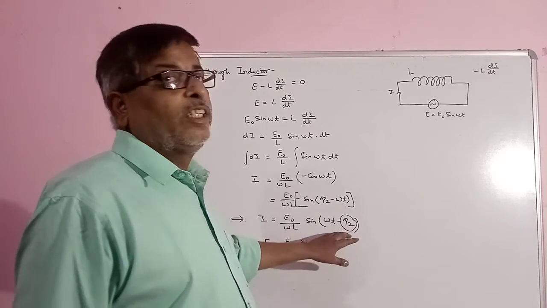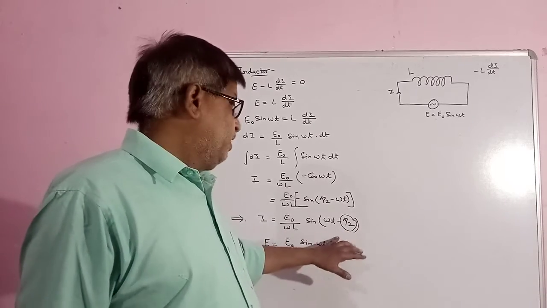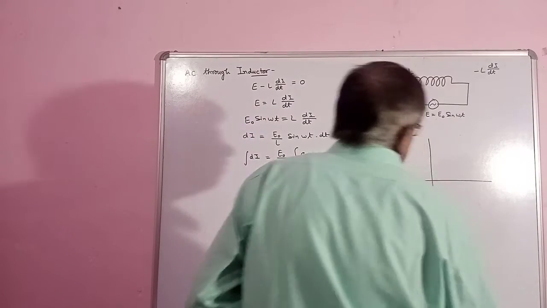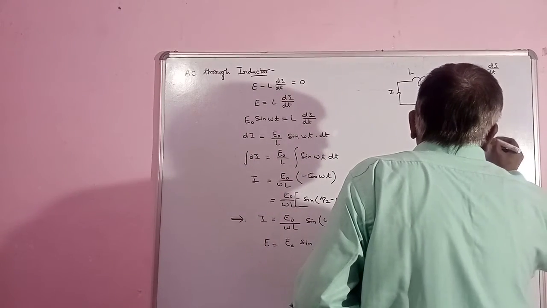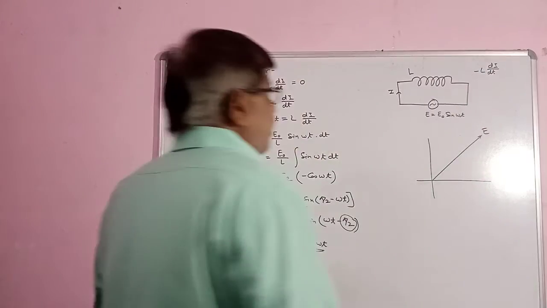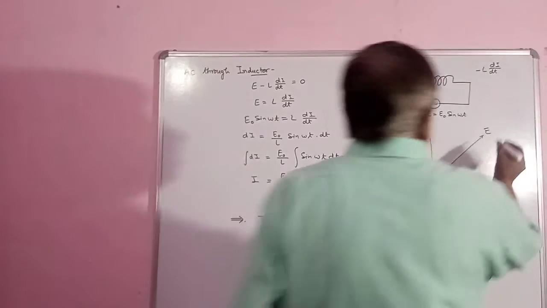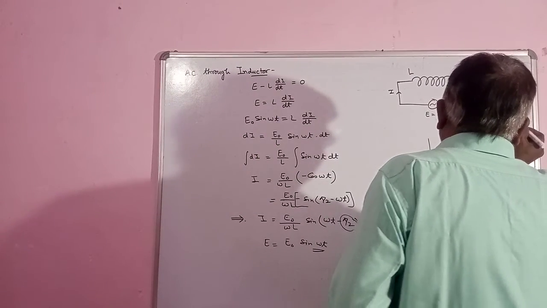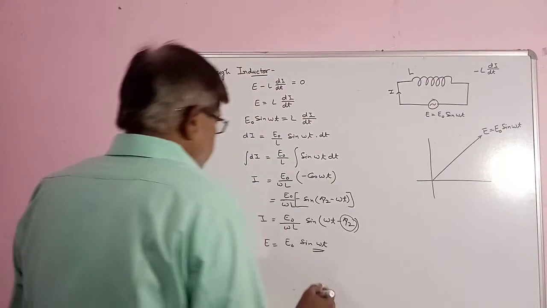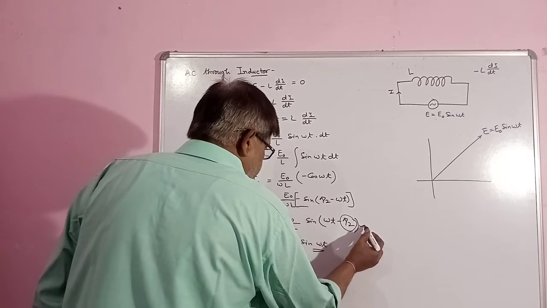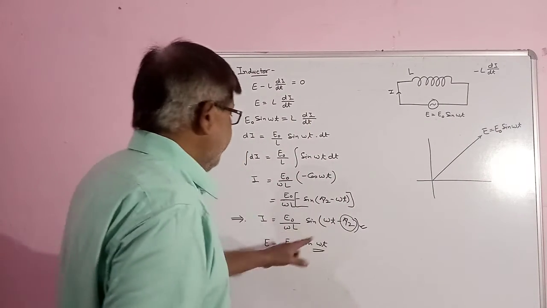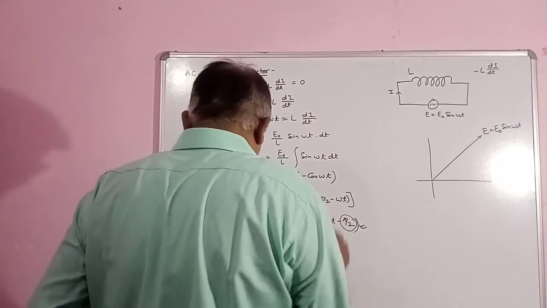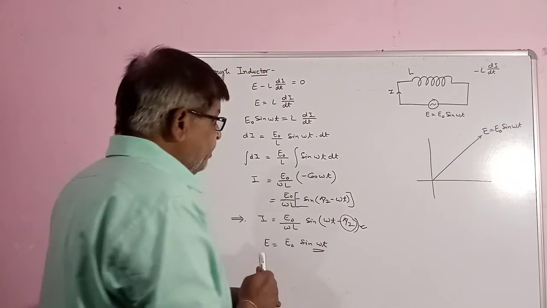So if on phasor diagram we take EMF, E equal to E naught sin omega t, then the phase difference is pi by 2, and current is lagging. Here voltage is leading and current is lagging.